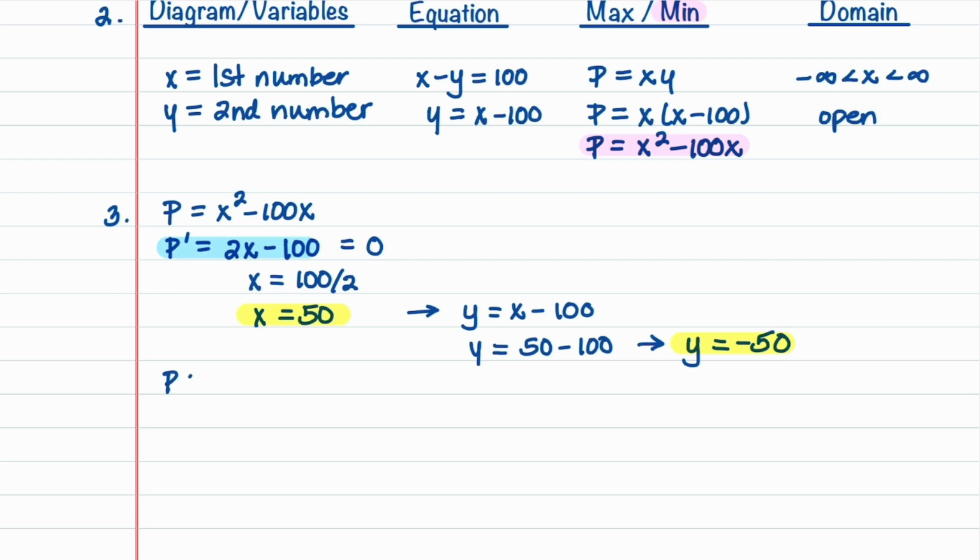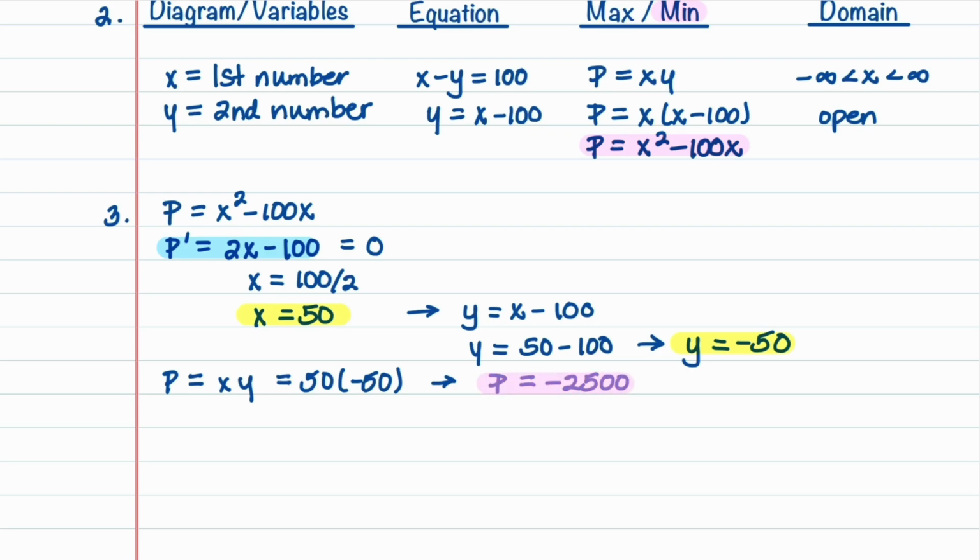P is x squared minus 100x, but it's also equal to just xy, and that's going to be easier. So we're going to write it like that. X is 50, y is minus 50. So this gives us that P is equal to minus 2,500.